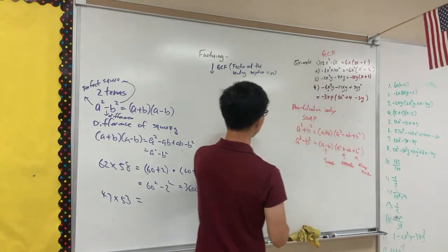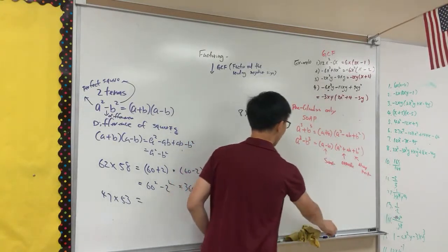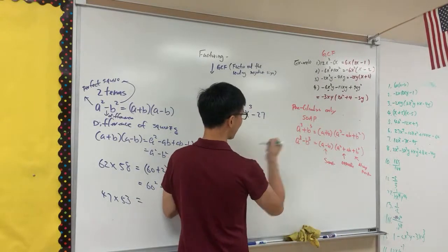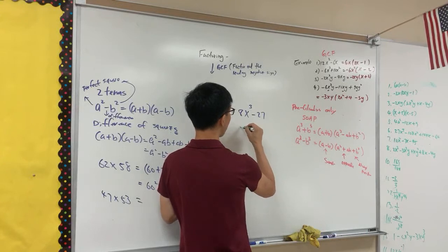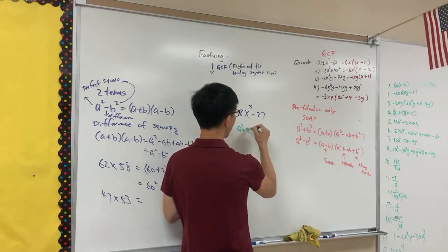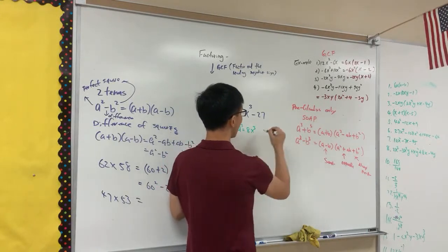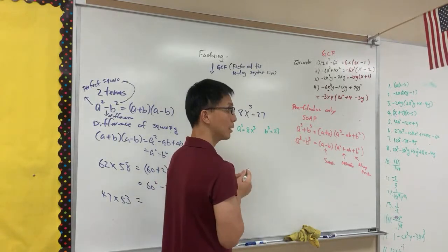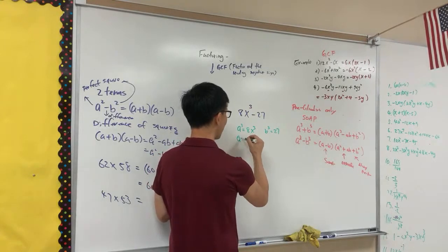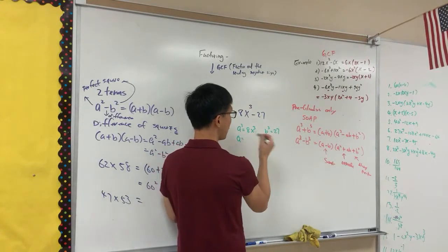Now what you're gonna do is look at this function and you say, hey, a to the cube and b to the cube. What is a cubed? A cubed is equal to 8x to the 3. And then b cubed is equal to 27. Now I need to figure out what a is. That means you're going to do cube root on both sides.